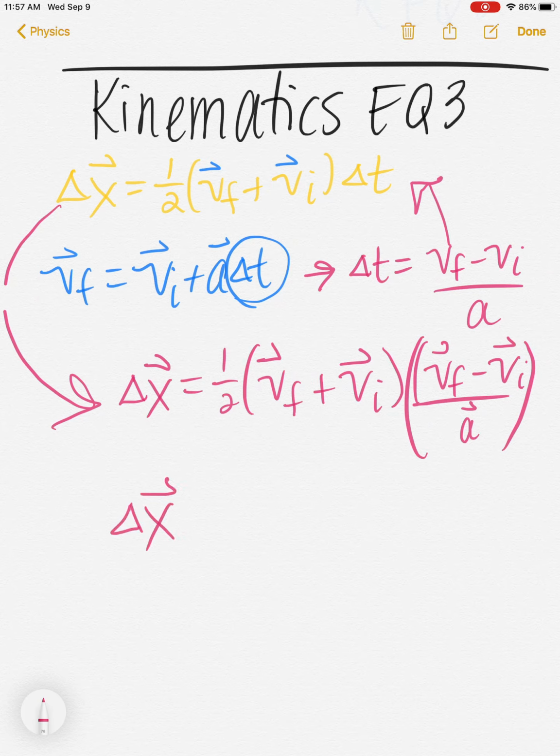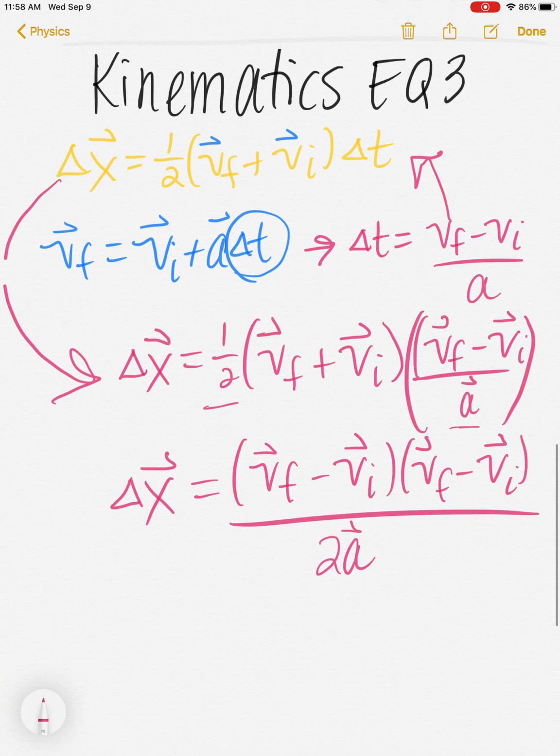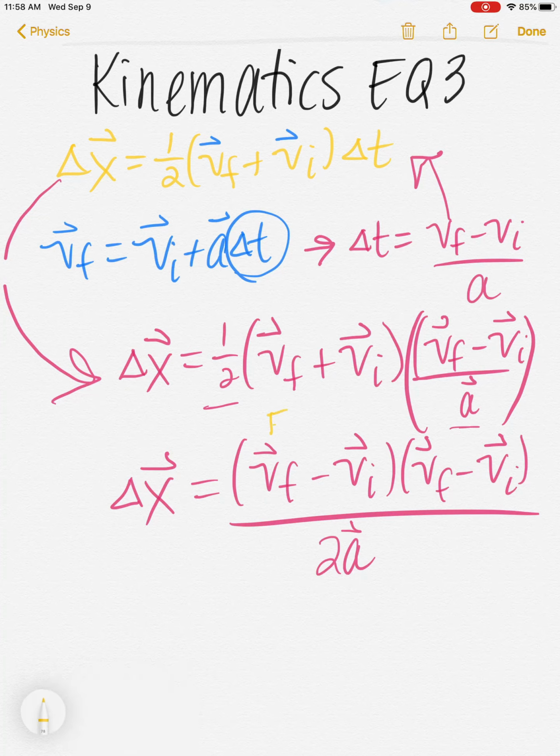So if we do that, this is gonna look like the quantity final velocity plus initial velocity times the quantity final velocity minus initial velocity, all over 2a, because I took that 1/2 and distributed it, and I've got acceleration down here.